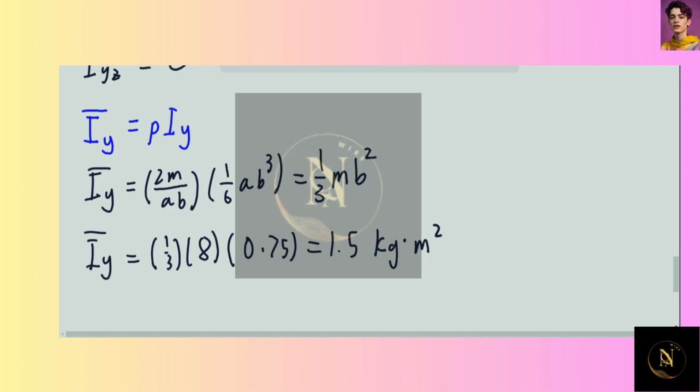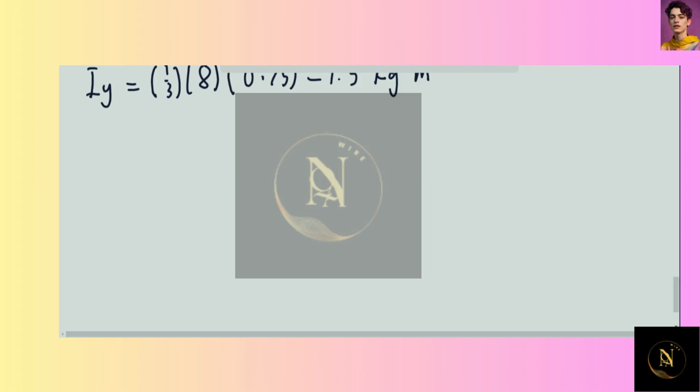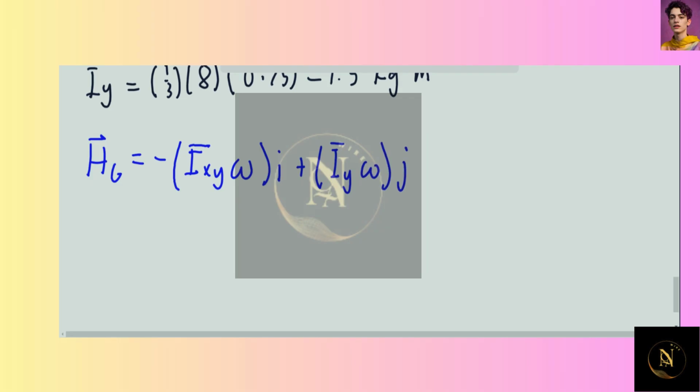So now we're going to write the formula for the angular momentum about the point G. So that angular momentum, we can write that as negative I of xy times the angular velocity plus I of y times the angular velocity minus I of yz times the angular velocity.